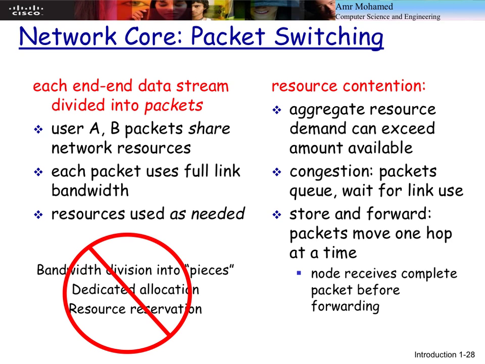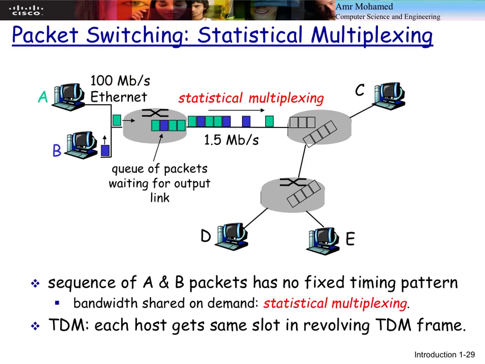So that's the variable end-to-end time that you encounter. And that's what we call queuing time. So inside the router, when you have multiple users like A and B trying to send, we say that these packets are multiplexed. You get packets from A and packets from B, interleaved like this.